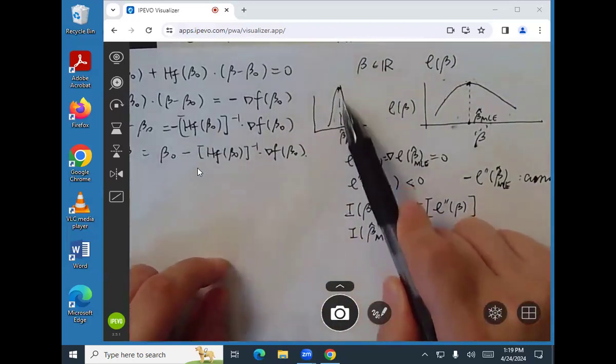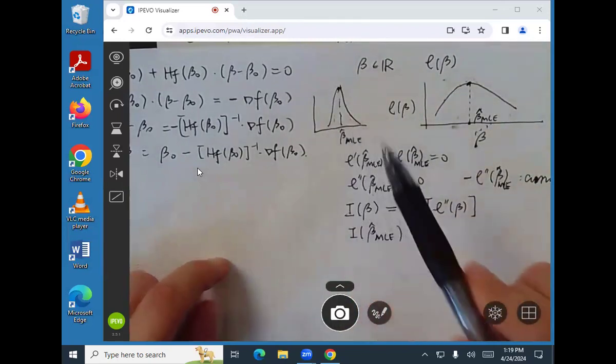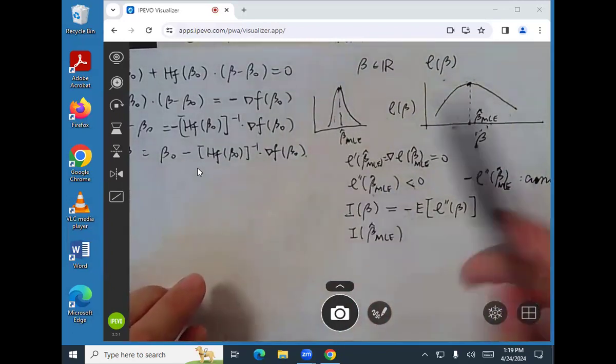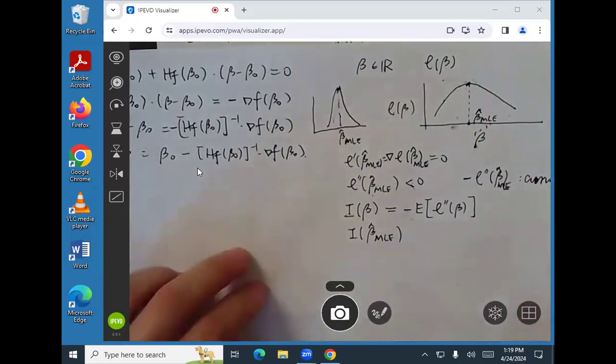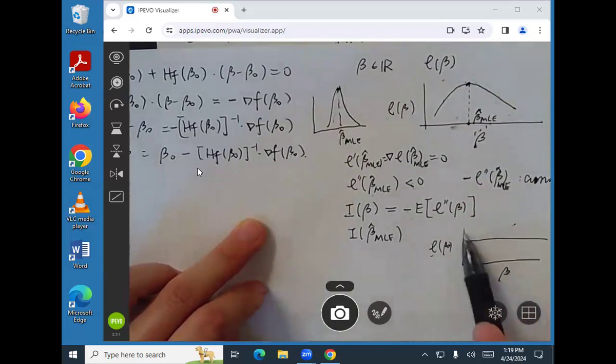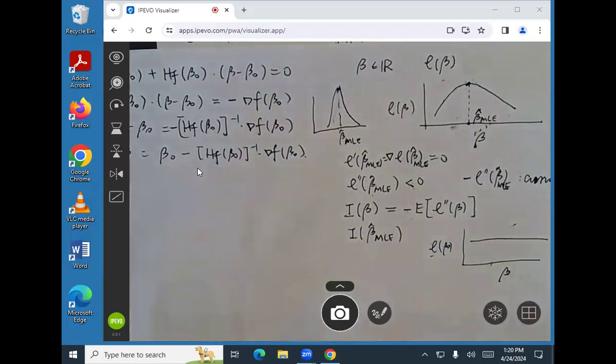So it's telling you that given a distribution like this versus a distribution like this, the left one provides more information for estimating beta from data, because you have more certainty about where the MLE is. You can imagine a more extreme case in which the log likelihood of beta is flat. In this case, there's no way for you to know where the MLE is, right? So then you have almost no information for estimating beta. That's the intuition behind Fisher information. Why do we call it information? Here, the information is about estimating beta. Does that make sense? Okay.